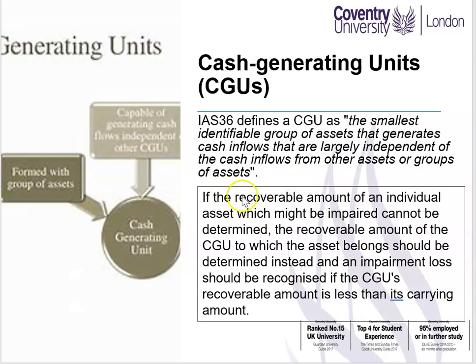Of course, if the recoverable amount of an individual asset, which might be impaired, cannot be determined, then the recoverable amount of the CGU to which that asset belongs should be determined instead, and an impairment loss should be recognized if the recoverable amount of the cash generating unit is less than the carrying amount of the assets within that unit.